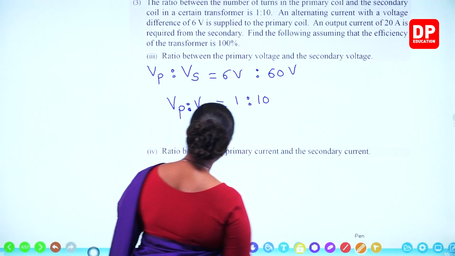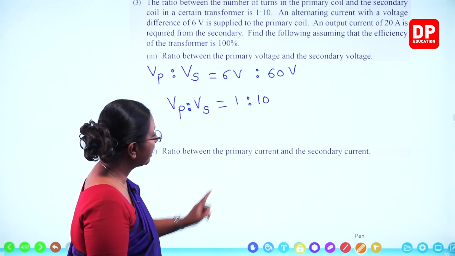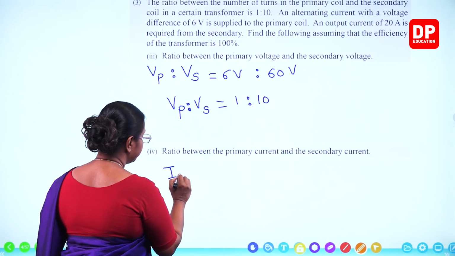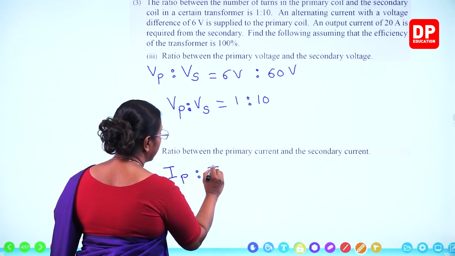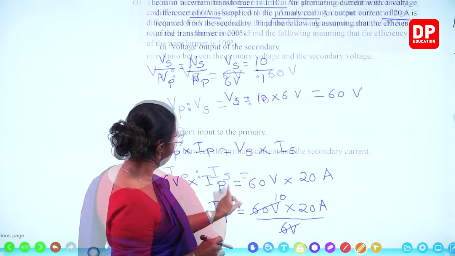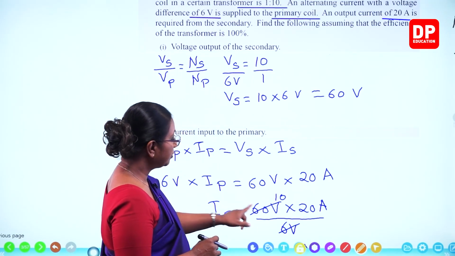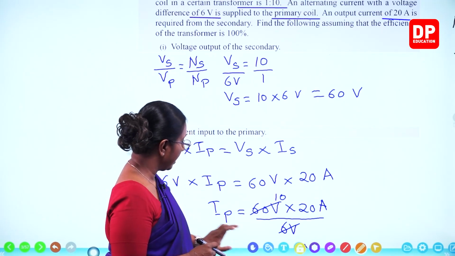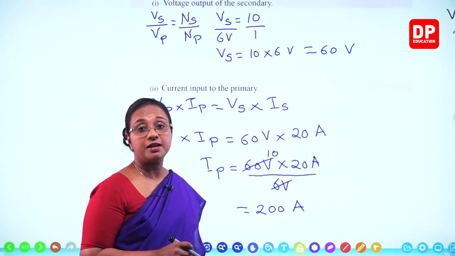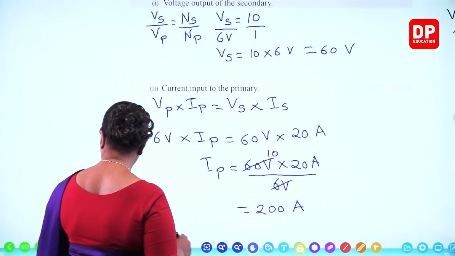Then we need the ratio between the primary current and the secondary current. So I primary is to I secondary. You can remember the current input was 200 amperes. We calculated it as 200 amperes. Current output is 20 amperes.